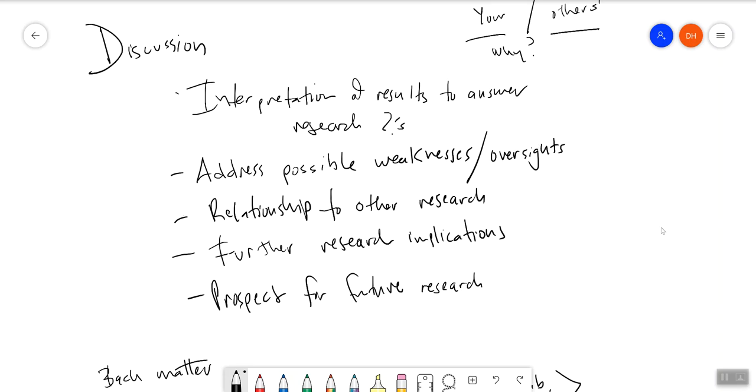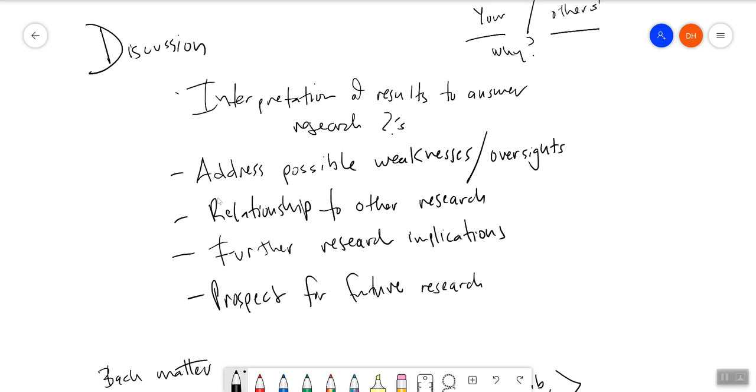Our research questions were, are there any significant differences between demographic populations given medicine X and a placebo? There seem to be no significant differences, okay? You can interpret that as you see fit. There's some room here for your own subjective analysis.